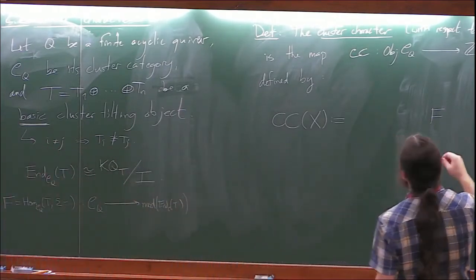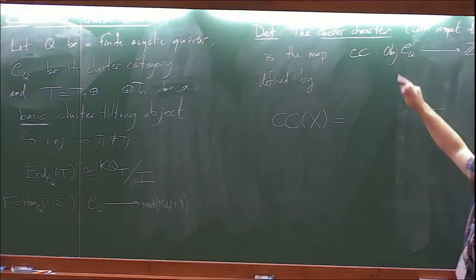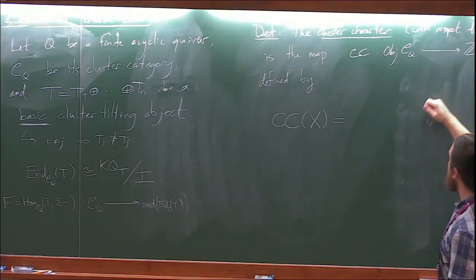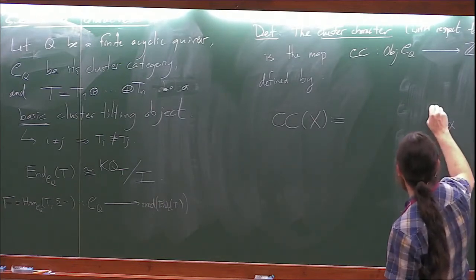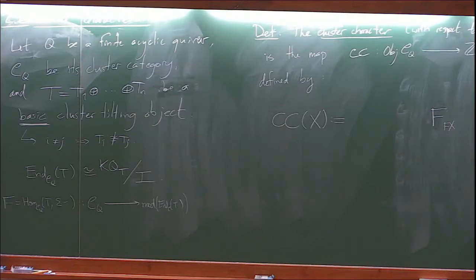So I will take my object X here. Let's try again, shall we? The first thing I do is I look at the module FX. This is a module over the endomorphism algebra of T. Then I will take the F-polynomial of this module.